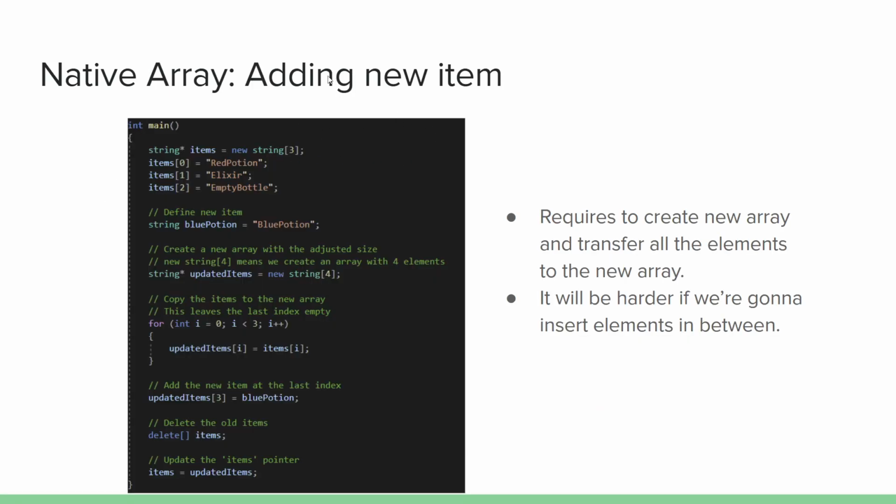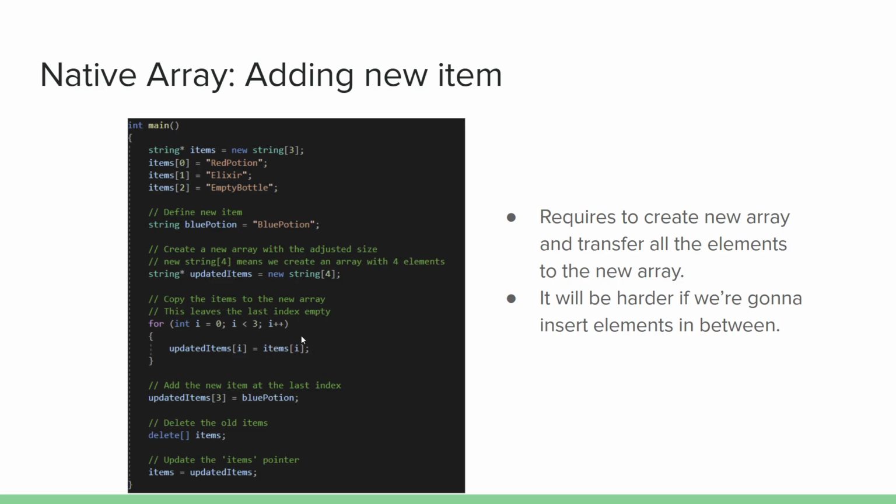So okay, native array. When adding a new item, you see here that, let's say I want to add blue potion. What happens is I have to create a new string array of size 4. And then inside this variable, the updated items, I have to set the 0, 1, and 2 from items.